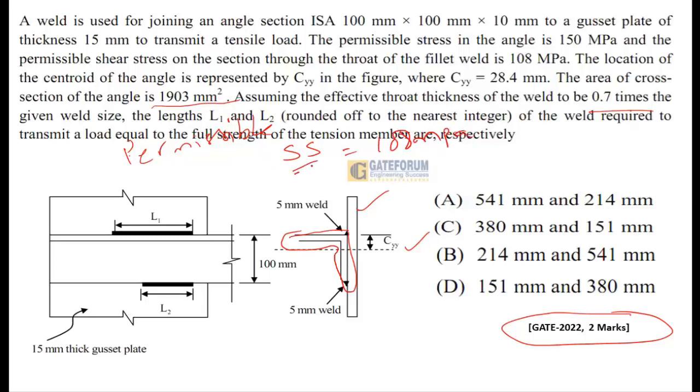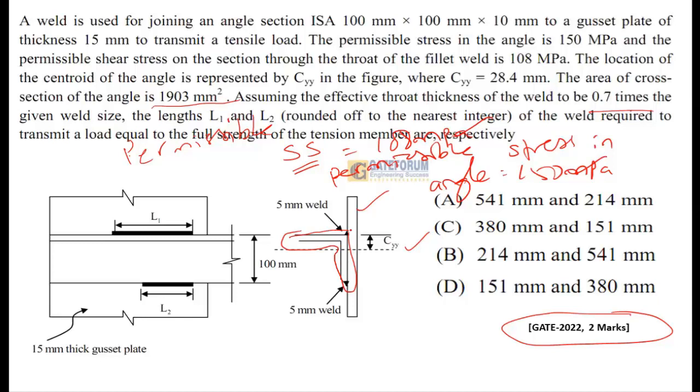So permissible shear stress is given, and next is the permissible stress in the angle. The permissible stress in the angle is 150 megapascals. These two, 108 megapascals and 150 megapascals, are given in the data only.